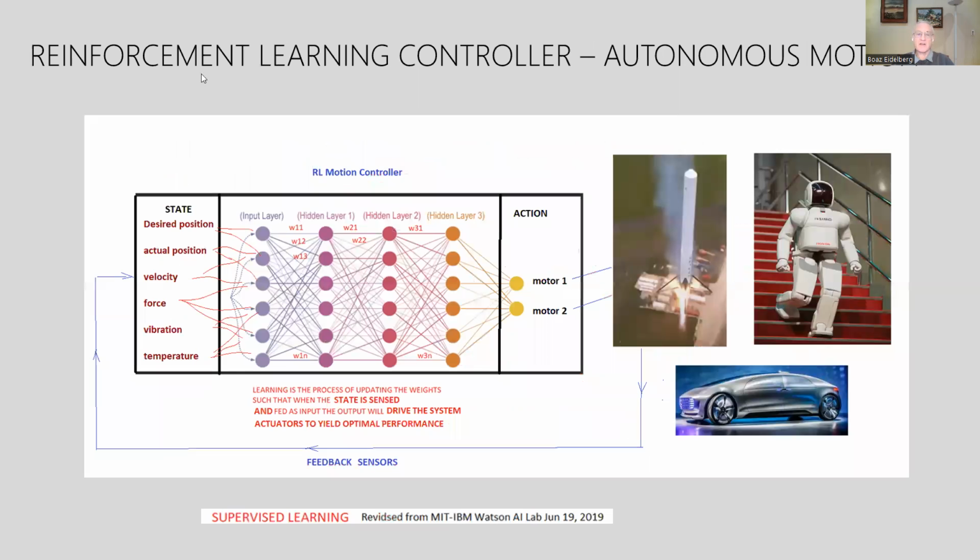On the other hand, the reinforcement learning controller actually results in autonomous motion. And similarly to what we saw in supervised learning, we have over here a neural network. But the inputs to the neural network are not images.